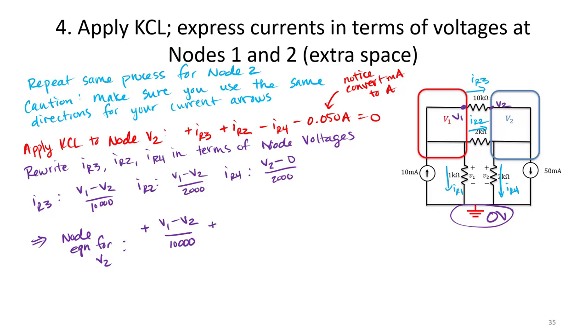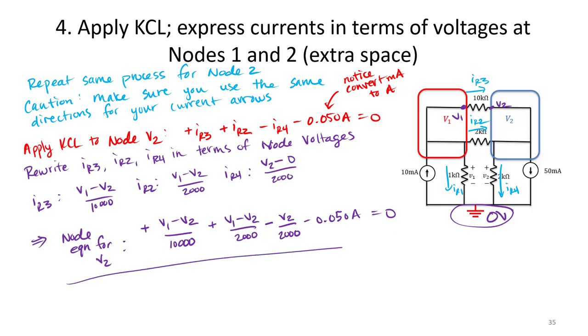So remember, we're now entering node V2. Then we have minus IR4, which is V2 over 2000, minus 0.05 amperes equals 0.